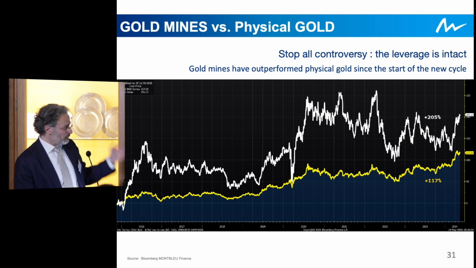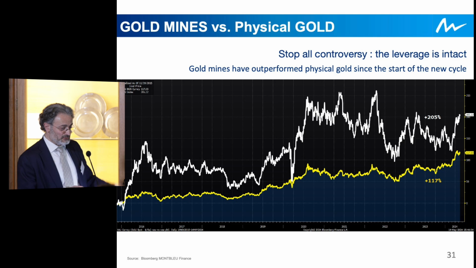People who don't understand gold mines don't understand that they have always outperformed the underlying asset, always. And this is exactly what we see here. Since the beginning of the bull cycle that started in 2016, gold mines were up 200%, and the price of gold was up 117%. So keep that in mind.